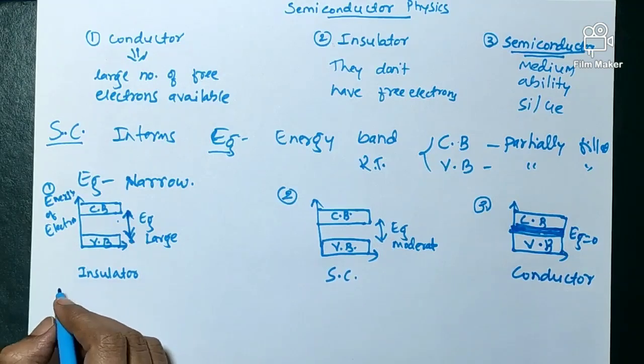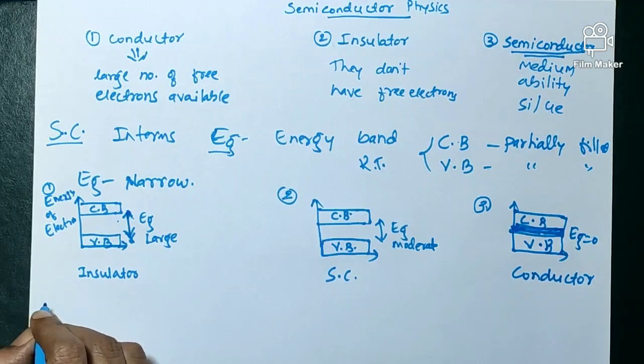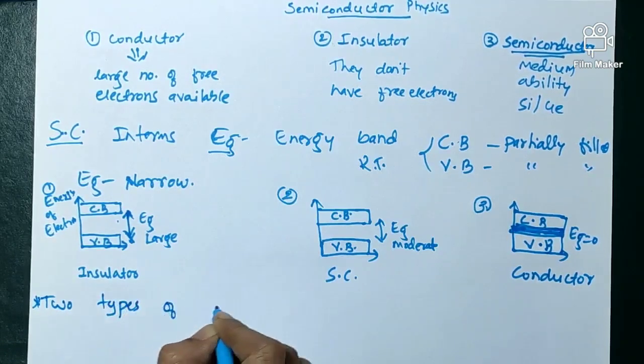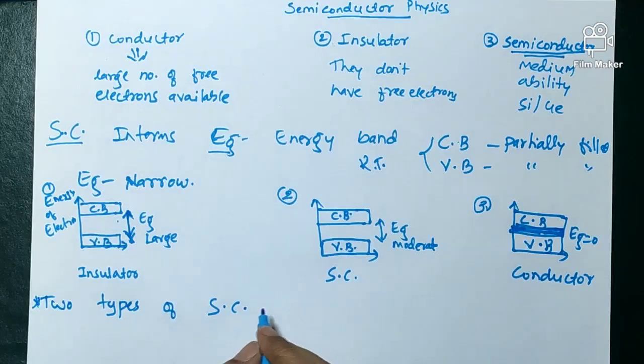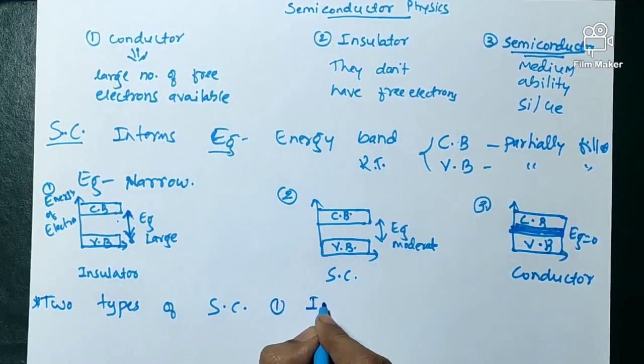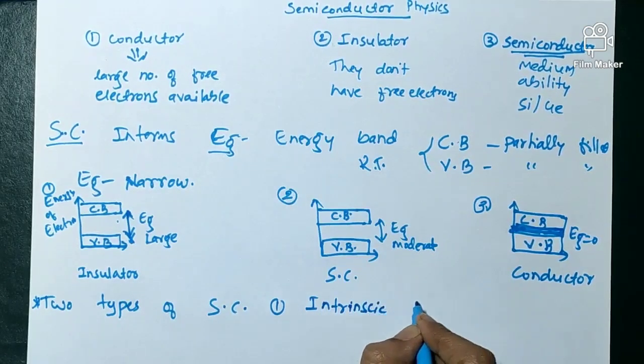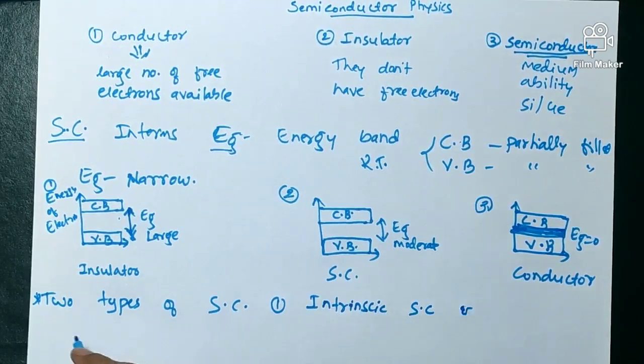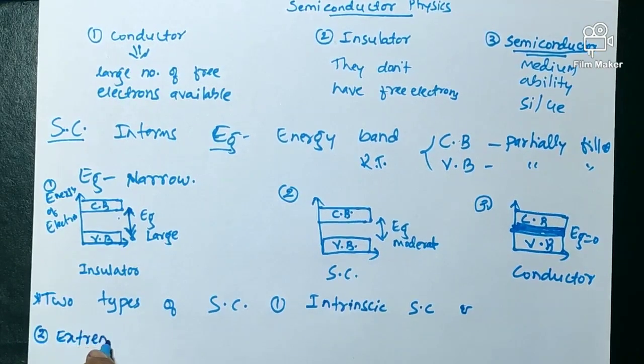Now broadly there are two types of semiconductors: intrinsic semiconductor and extrinsic semiconductor.